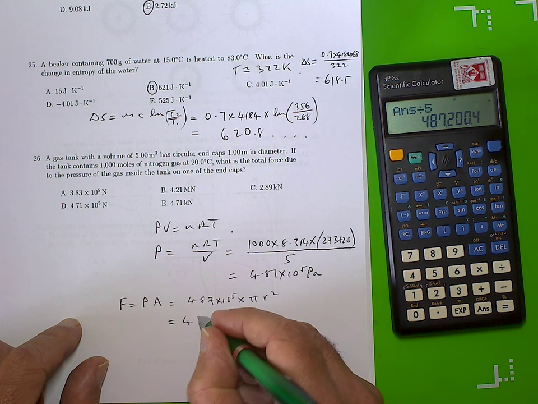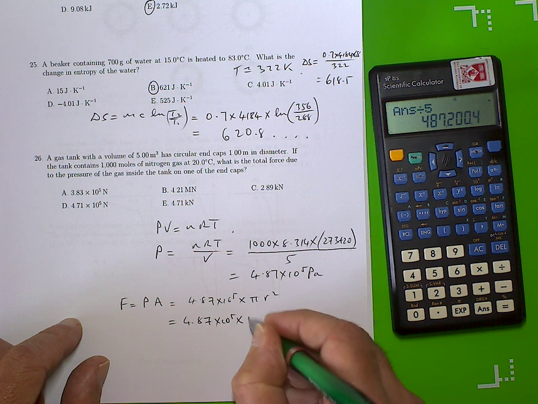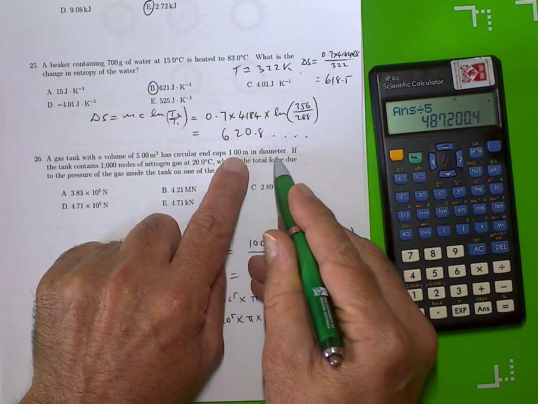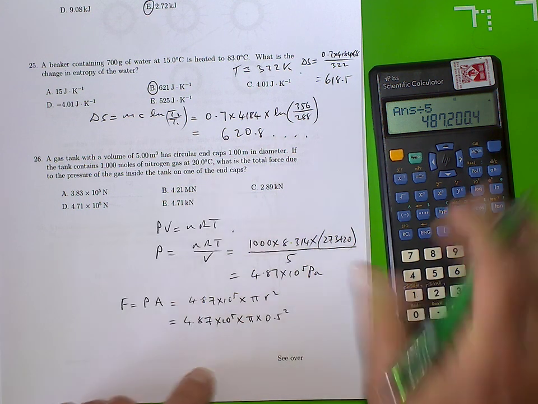The caps are 1 meter in diameter, so the radius is half a meter.